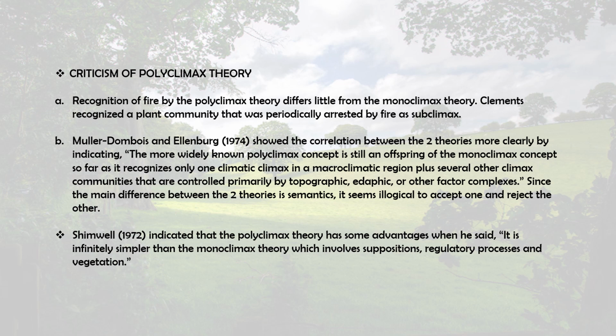So, if we accept one, then rejecting one will be illogical, as monoclimax concept recognizes only one climatic climax in a macroclimatic region, but polyclimax concept refers to several other climax communities that are controlled by different topographic, edaphic, and other factor complexes. So the main difference between two theories is just semantics.